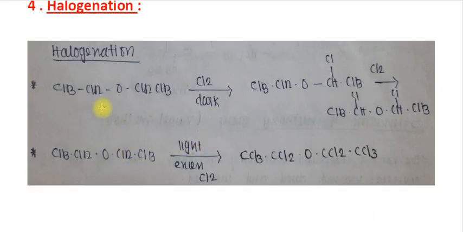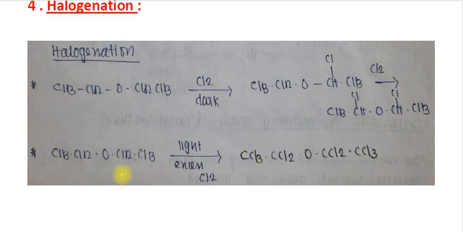What is halogenation? The symmetric ether is treated with the halogen in the presence of dark water, forming CH3 CH2O CHCl CH3. Again, when it reacts with Cl2, it forms CH3 CHCl O CHCl CH3.